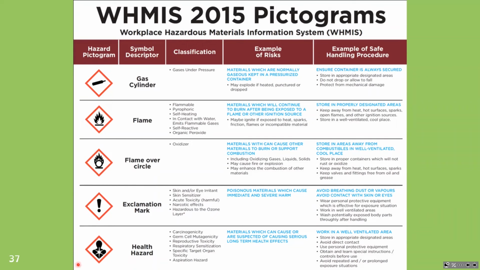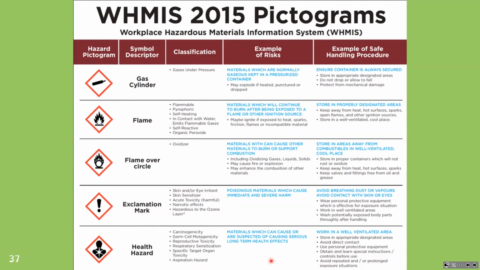Then our fifth is health hazard. We have a picture of an outline of a person with a star in their center, sort of over their heart, indicating that they're breaking up, I think, and being sick. The classification is carcinogenicity, germ cell mutagenicity, reproductive toxicity, respiratory sensitization, specific target organ toxicity, and aspiration hazard.